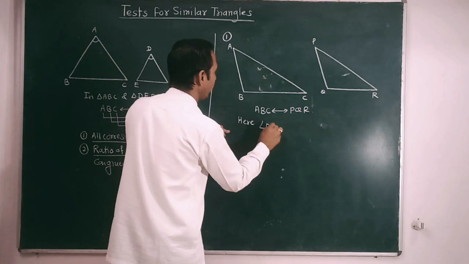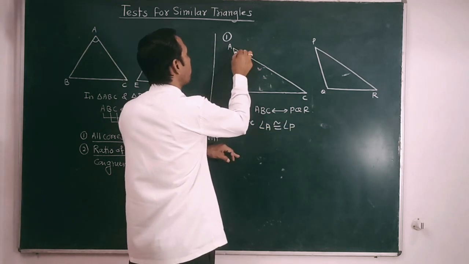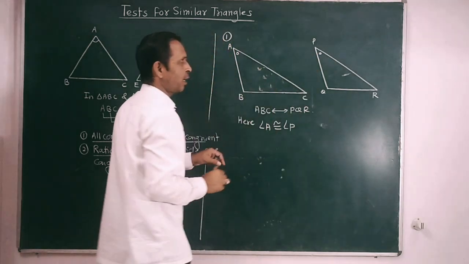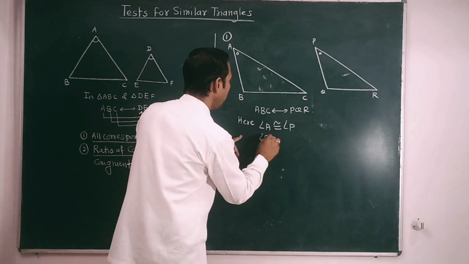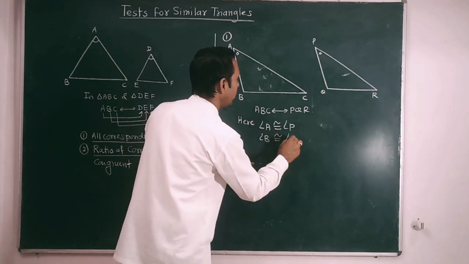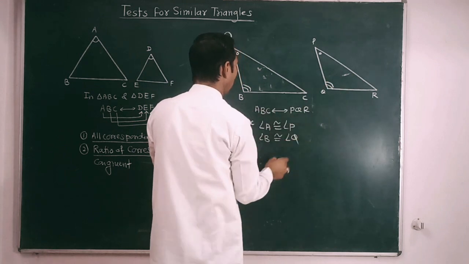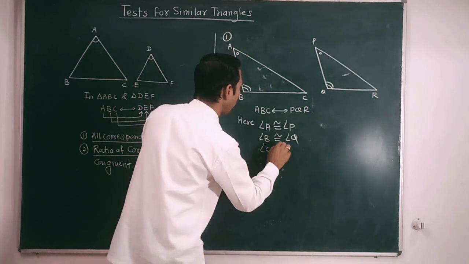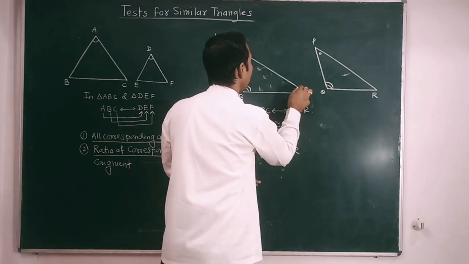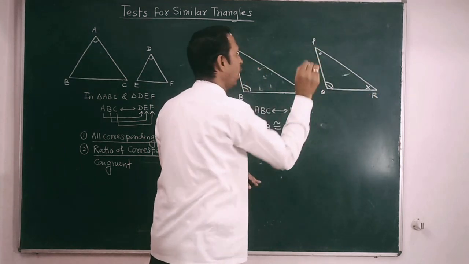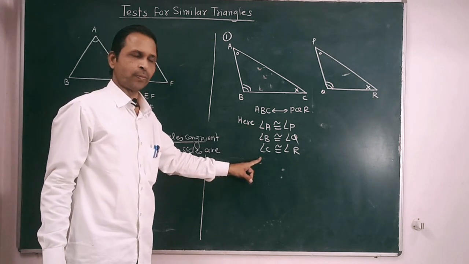angle A is congruent with angle P. Suppose we take these two angles as congruent; these are the corresponding angles. Angle B is congruent with angle Q, these two angles are congruent again. And angle C is congruent with angle R. All these three angles are congruent now.